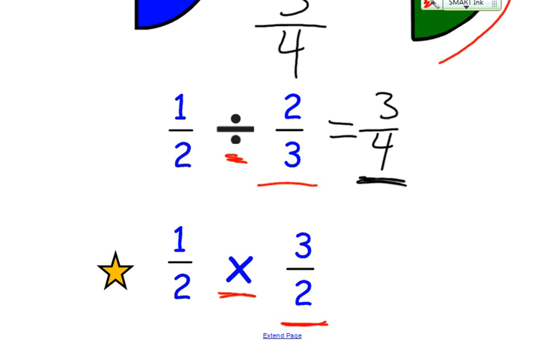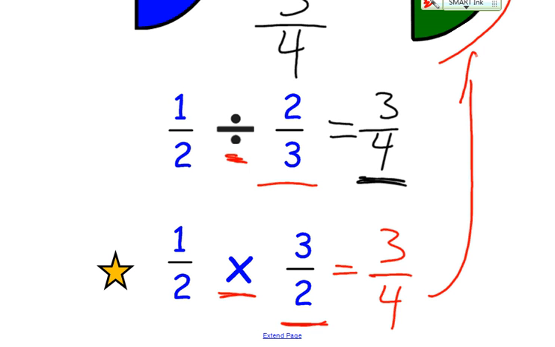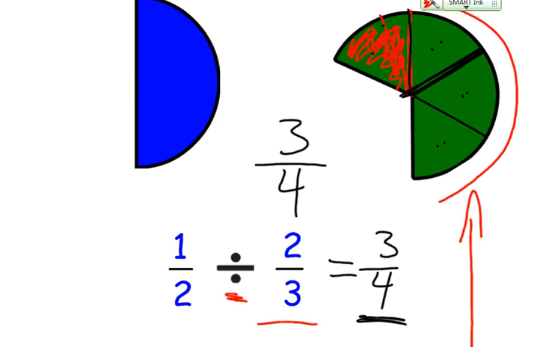If we multiply by the reciprocal, 1 times 3 equals 3, and 2 times 2 equals 4, that gave us our answer of 3/4. And we proved it up here in our picture that, yes, it does equal 3/4. So this process must work. To divide by a fraction, you multiply by its reciprocal.